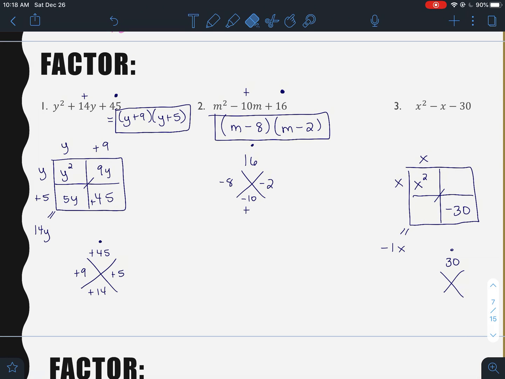And when I add them, I get negative 1. So what two numbers add together to get negative 1, but when you multiply them together, you get negative 30? That would be negative 6 and positive 5. So I need a negative 6 and a positive 5, and I would get positive 5x and negative 6x, which would give me the original problem. So this would factor into x minus 6 times x plus 5.